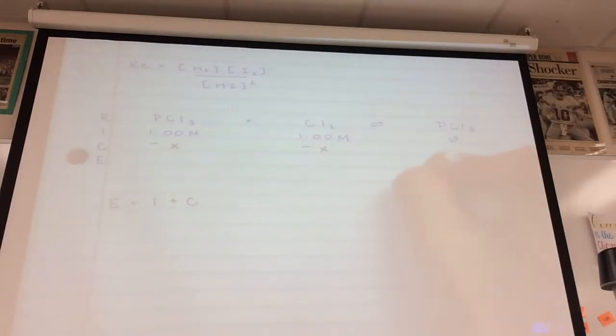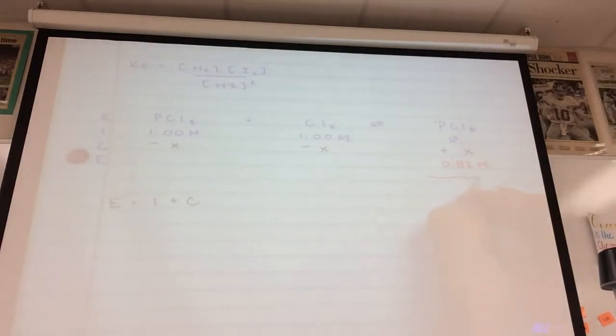Now this gets generated. So we're going to add some quantity, in this case we'll call it x, and again coefficient of 1, so it's 1x. If the coefficient were 4, it would be 4x. Now in this particular instance, we can actually figure out what x is.